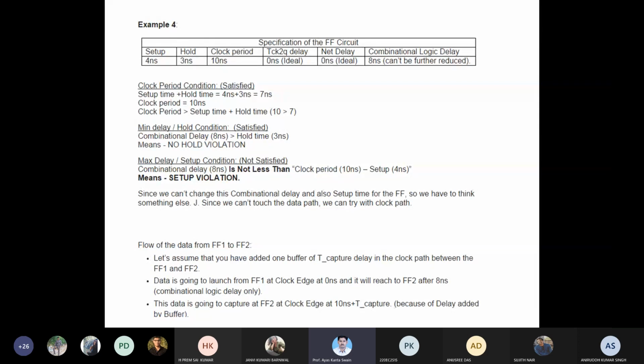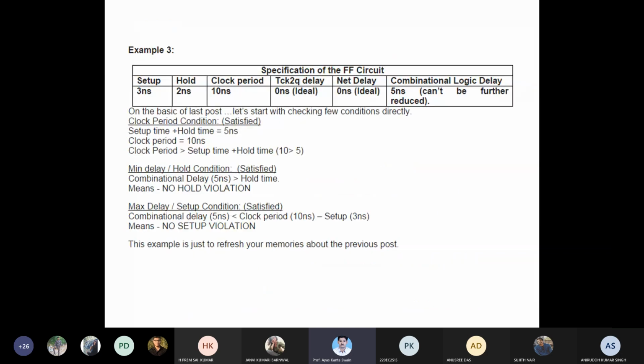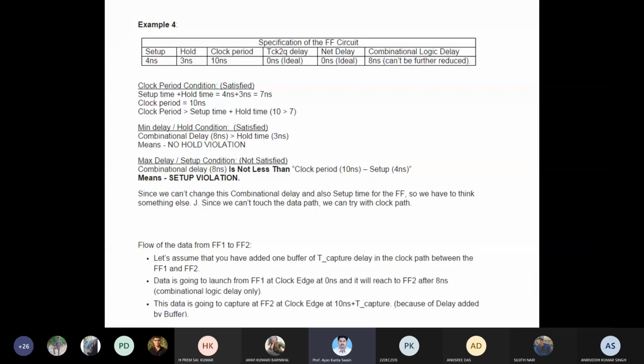Okay, so then I think it is the last example, where there is a new specification of the flip-flop circuit: setup is 4 nanosecond, hold is 3 nanosecond, clock period is 10 nanosecond, clock delay is 0, net delay is 0. The combinational logic delay he has increased to 8 nanosecond, and it is written you can't reduce it further. The constraint he is putting here is that your combinational logic delay must be 8 nanosecond.